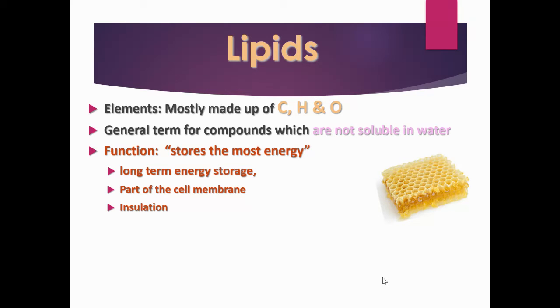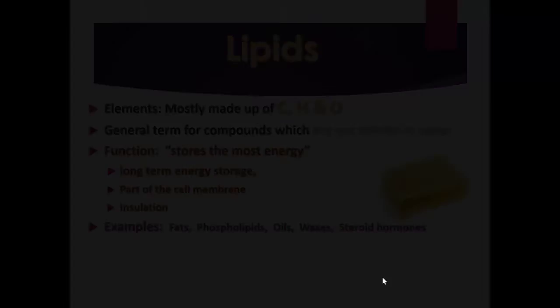When we have fat in our body, that is energy stored for times of hunger or starvation, or when it's cold, and we will use that fat as energy. They are also parts of the cell membrane, and they're used for insulation. Examples are fats, phospholipids, which we're going to learn about soon, oils, waxes, and steroid hormones.